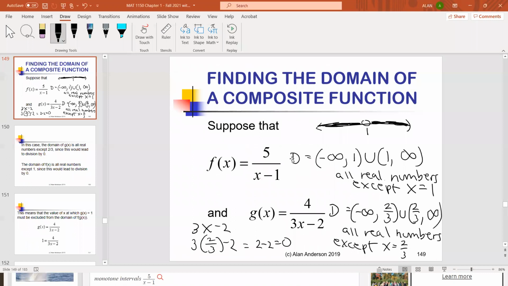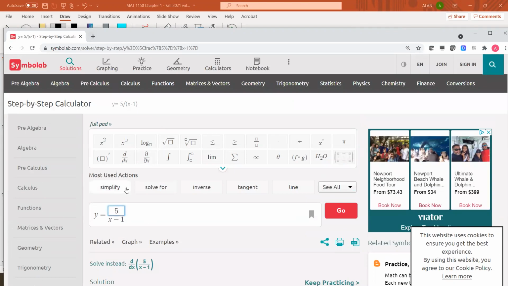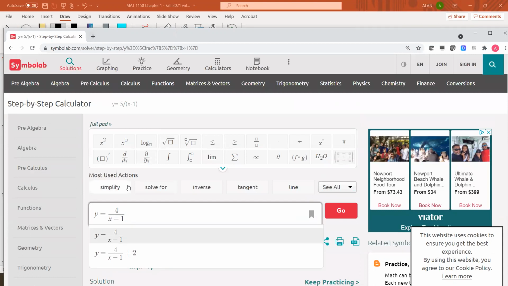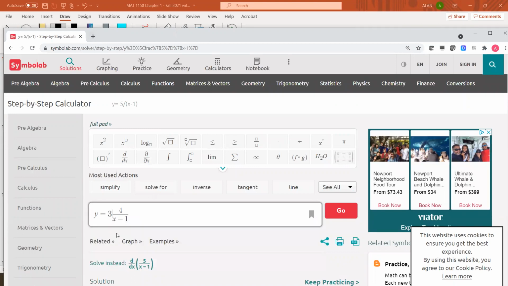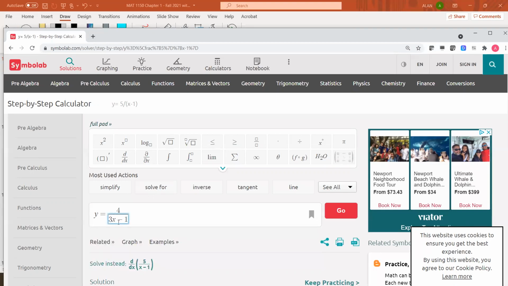What about the other one? 4 over 3x minus 2. This thing is not reacting the way I'm expecting it to. There it is. All right, let's look at this.